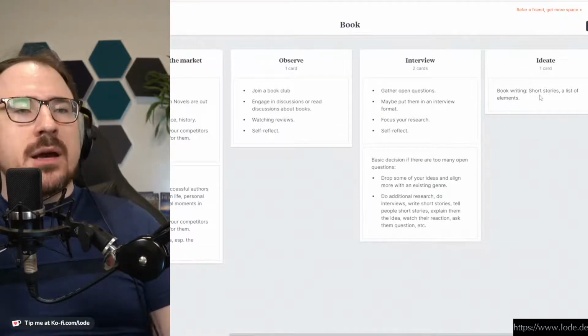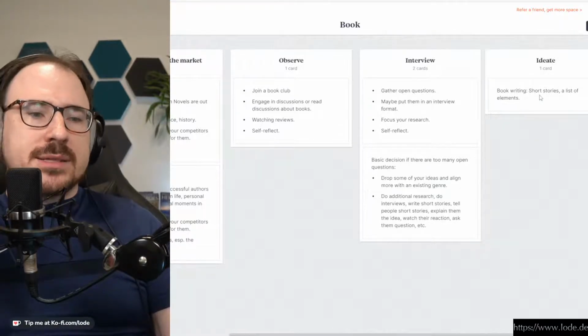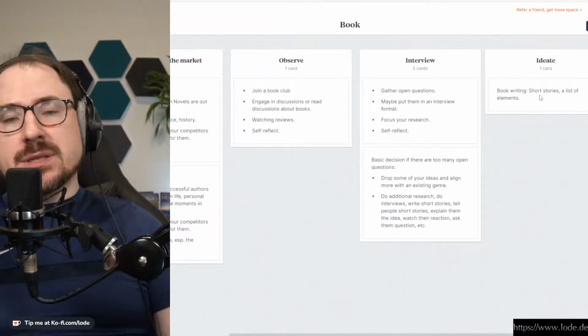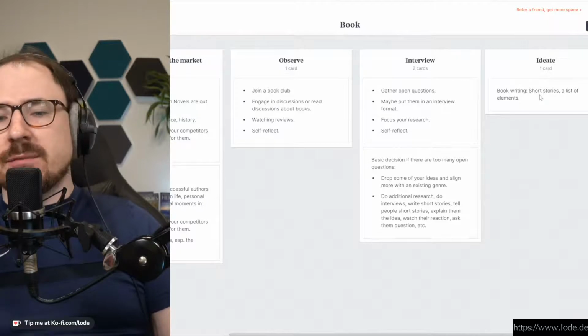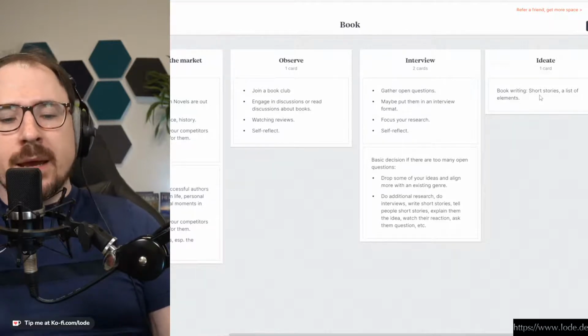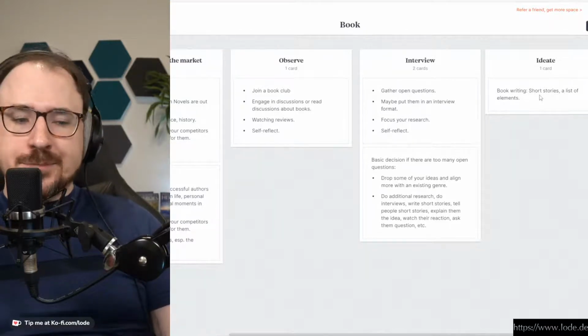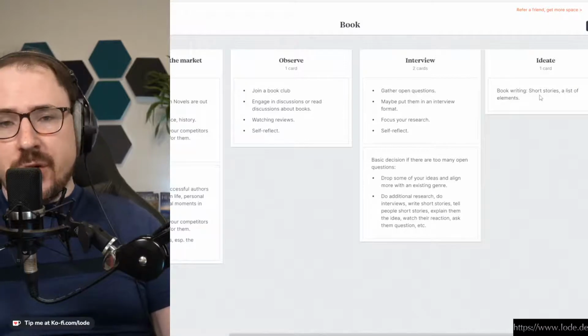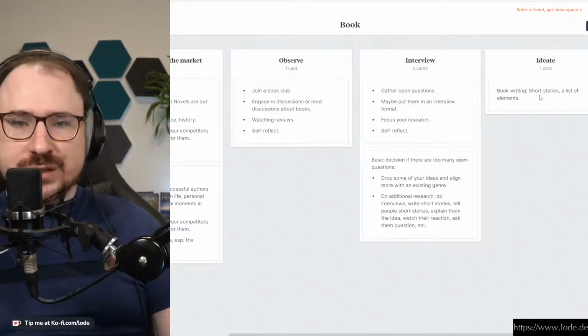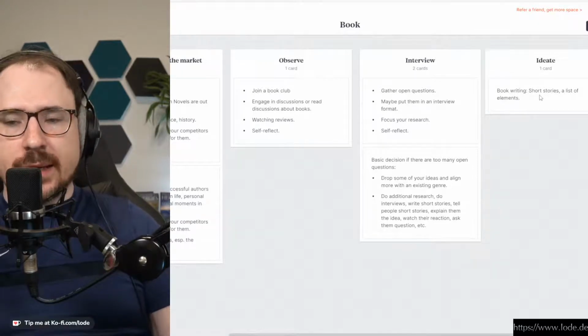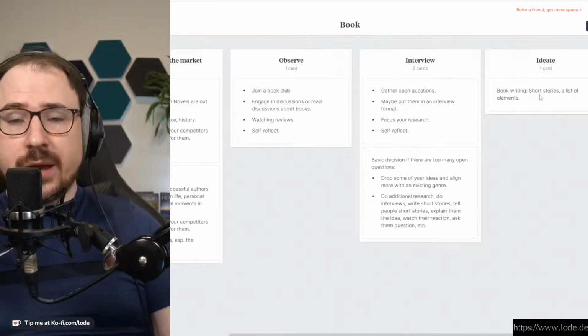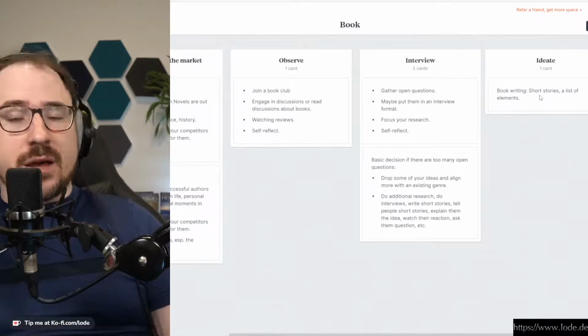For example, is there a special device in the game? If it's a fantasy or science fiction story, is there a special device in the book that gives the hero a special power, like a special technology or a magical item, like a cloak of invisibility or something like that? Then what are the rules of your book? Then what are the main characters?